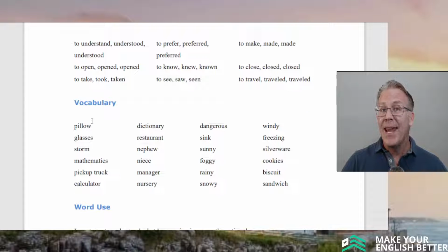Vocabulary. So make sure you look at all of those verbs to better understand each one, okay?